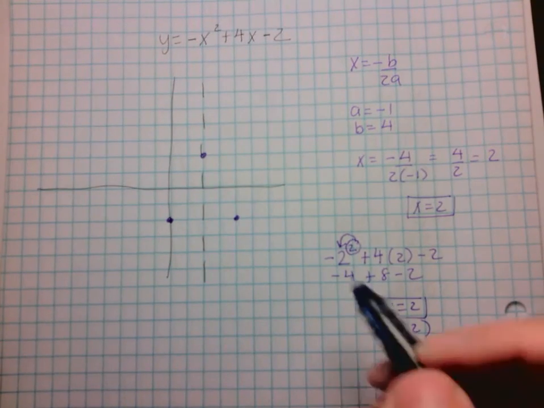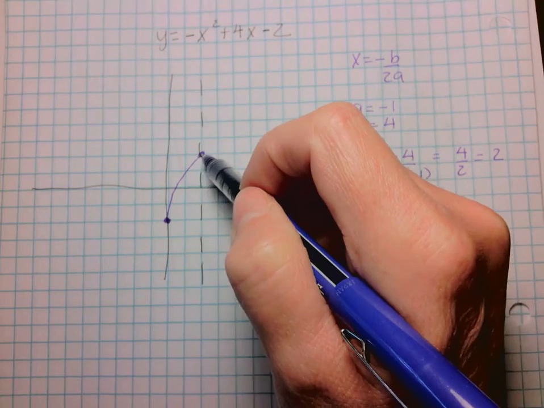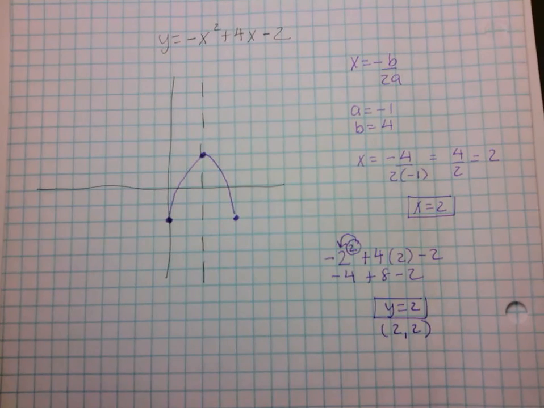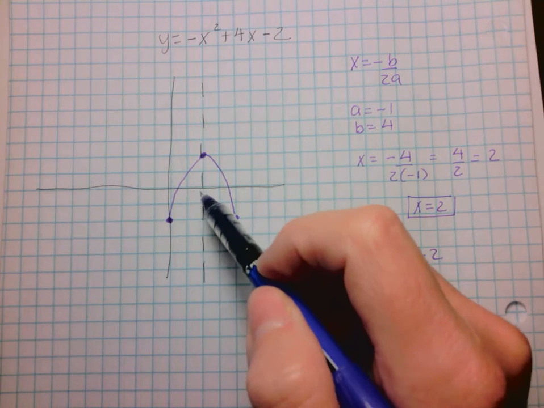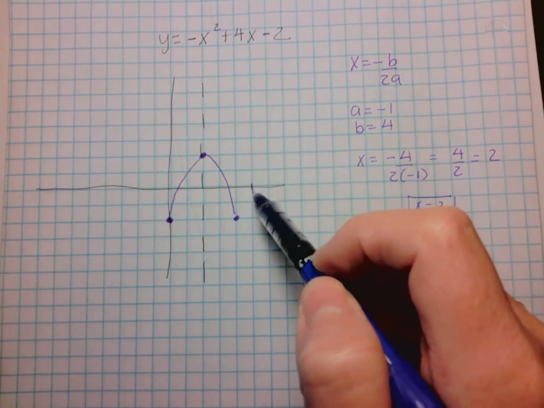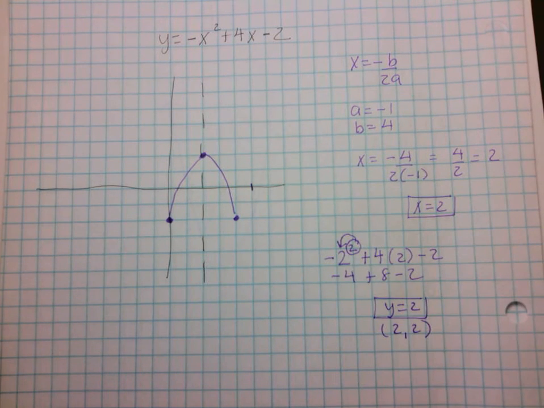Now I know my parabola is going to look like this, but let me just give it another point, just so I can get a really good graph. Let me say, what is the value of y when x is 1, 2, 3, 4, 5? Let me figure out where this graph is going. And you can pick any values for x.